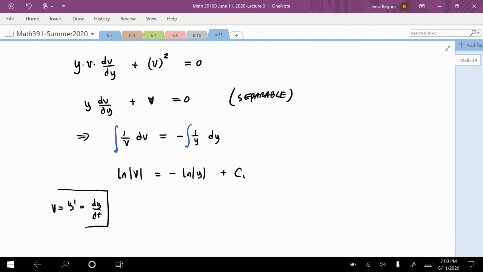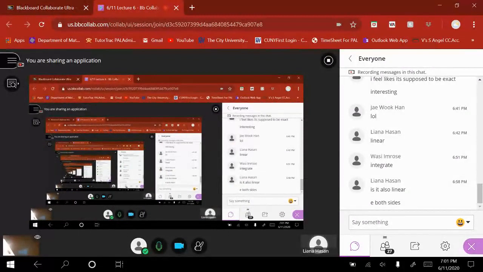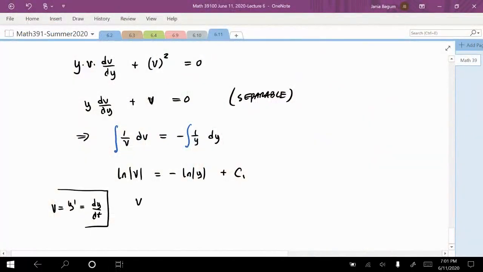Before that, can I solve for v from here? How do we solve for v? You have to exponentiate both sides. So v is equal to c1 times y to the negative 1, which is just c1 over y.